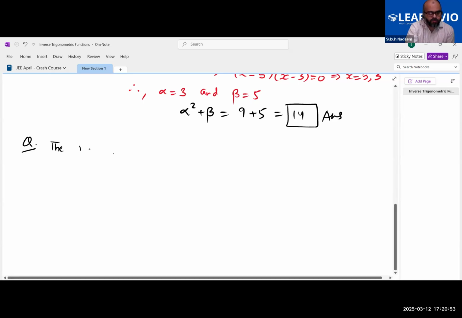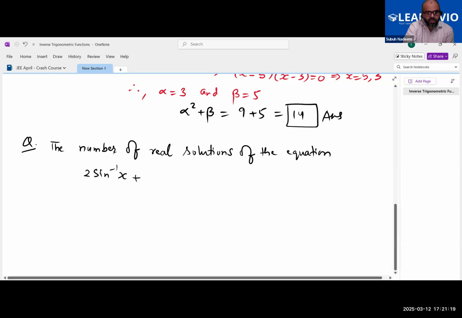The number of real solutions of the equation 2 sine inverse x plus 3 cos inverse x is equal to 2 pi by 5 is?